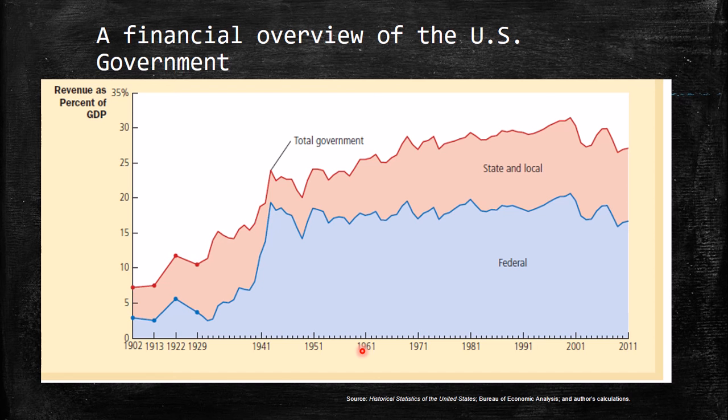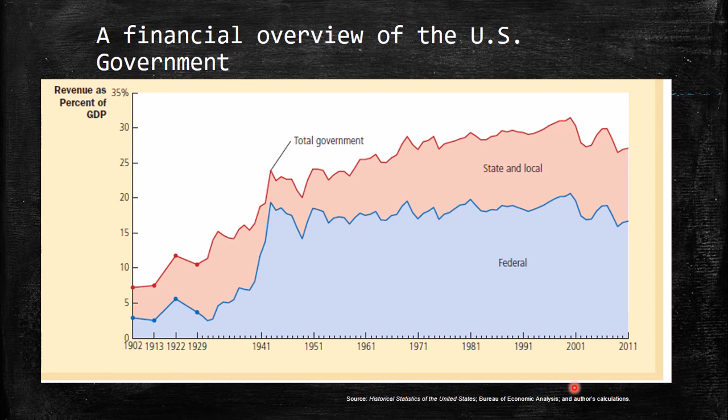Here we have the percentage charged on this GDP, and on the x-axis we have basically the 20th century and the first decade of the 21st century as well.